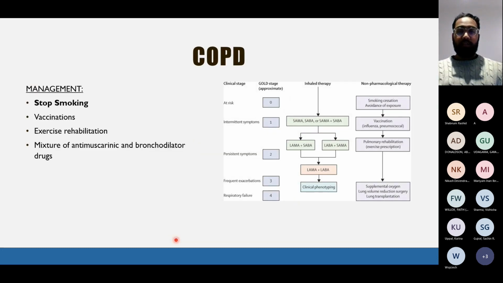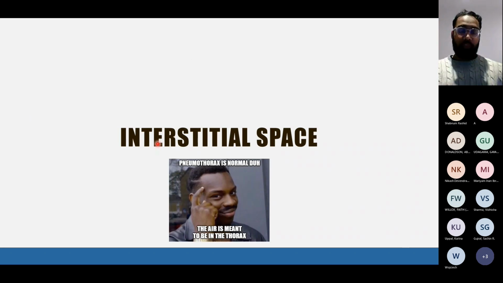And then we can also improve their respiratory health by getting them to do exercise rehabilitation. And we can try and open up the airways a little bit, but the mainstay of COPD management is stopping smoking and exercise rehab. But we can give these for kind of symptomatic relief. And influenza vaccinations as well, to basically reduce their infection risk.